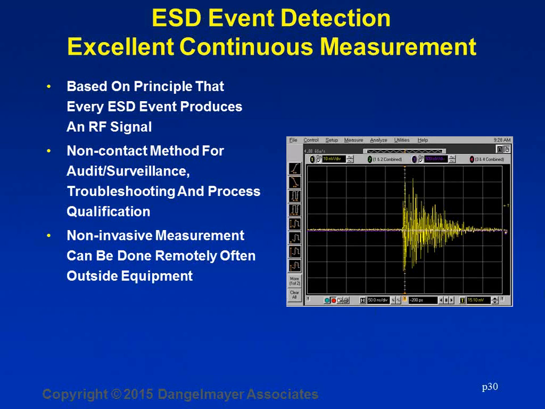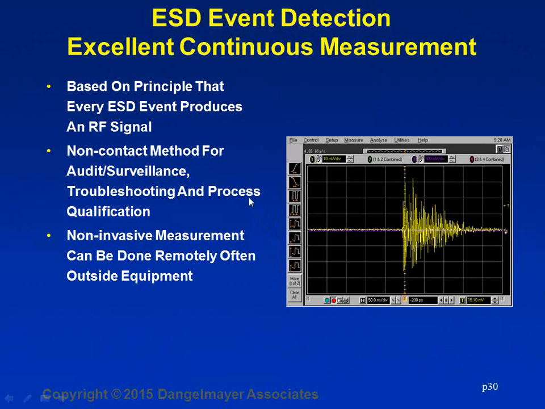That's the good news. The bad news is that it detects all kinds of RF signals. It can be from light switches, relays, and the like. So you have to learn how to distinguish between transients detected with the event detectors that threaten your product and those that do not. And that's where most people tend to have difficulty.